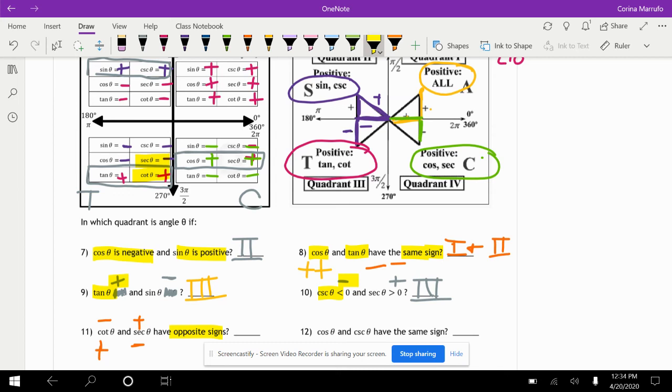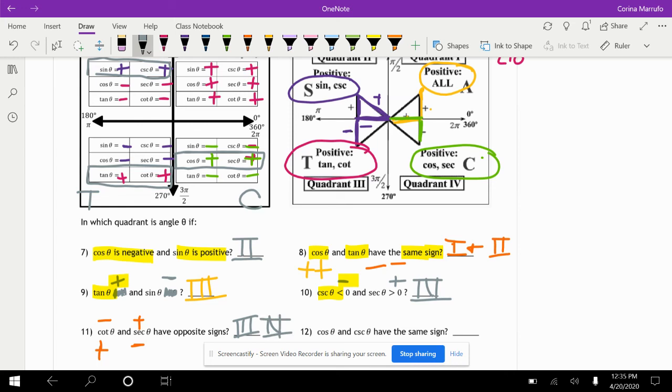And then last quadrant, quadrant 4, secant is positive and cotangent is negative. So then they have opposite signs. So then on here, it would be in quadrant 1. I'm sorry, in quadrant 3 and quadrant 4. Okay, is where they have opposite signs.